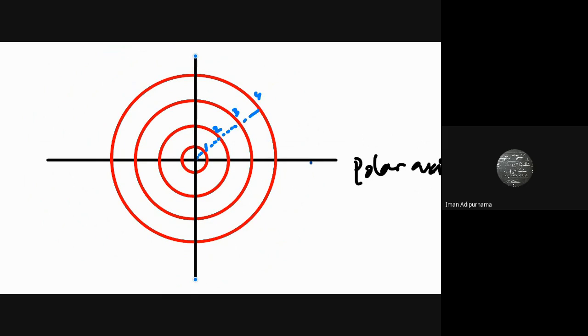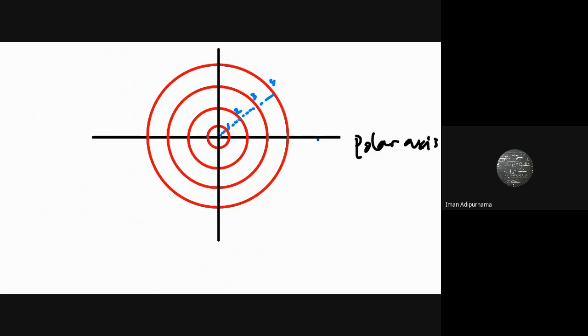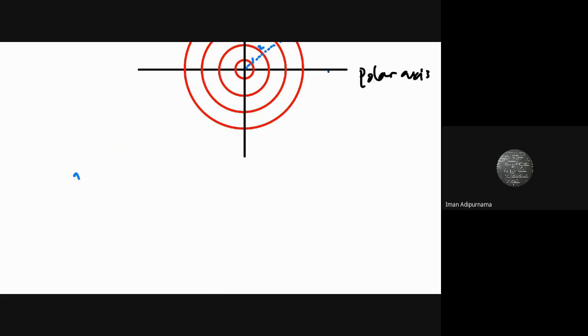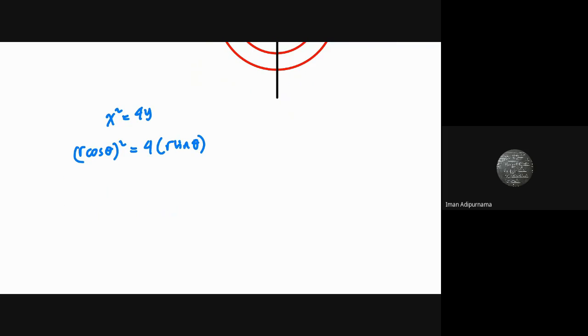Remember, in polar, we are going to convert the concept of Cartesian to polar. So for example, if you have x squared equal 4y, this becomes r cos theta squared equal 4 r sine theta. You need to finish this off and make it into a polar equation.